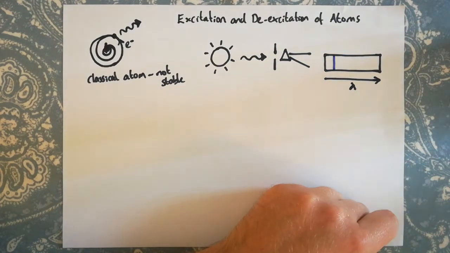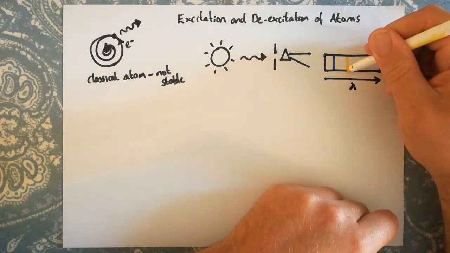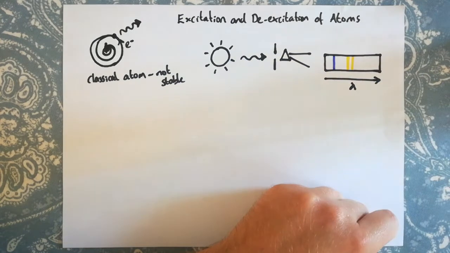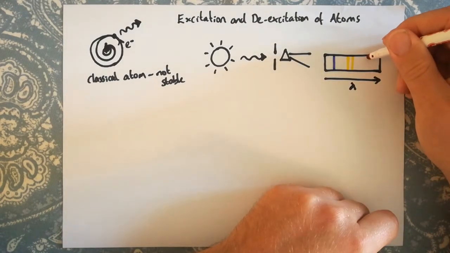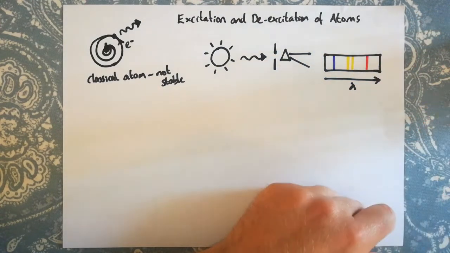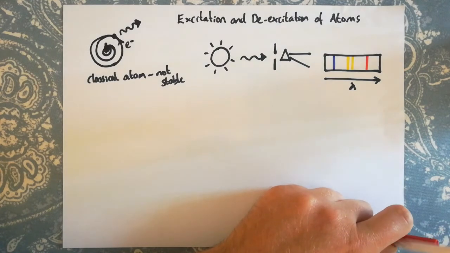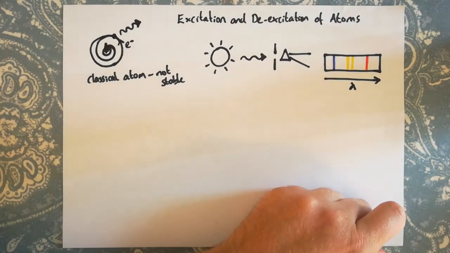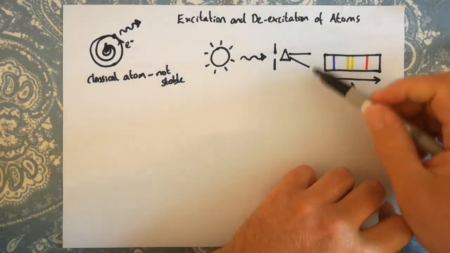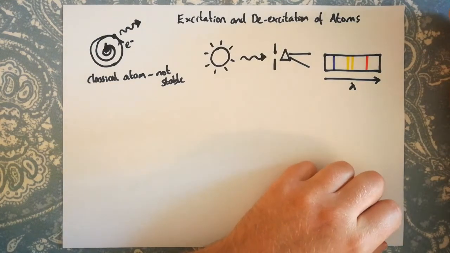So we might have a blue spectral line, a yellow spectral line, maybe a slightly different wavelength of yellow there, and then as we go up to longer wavelengths we might have a red spectral line. You could also have spectral lines in the non-visible parts of the spectrum, so infrared or more likely ultraviolet at shorter wavelengths.